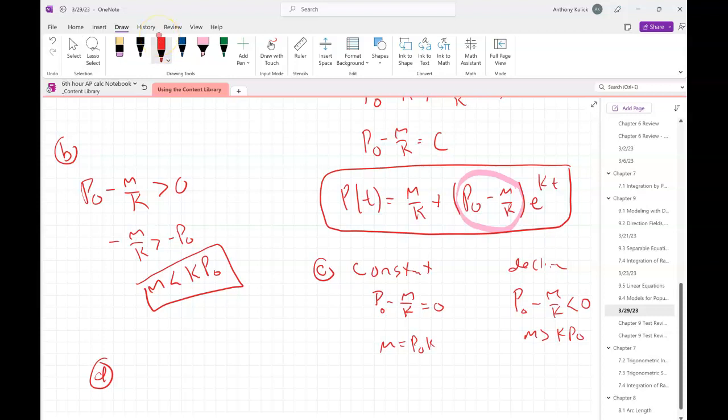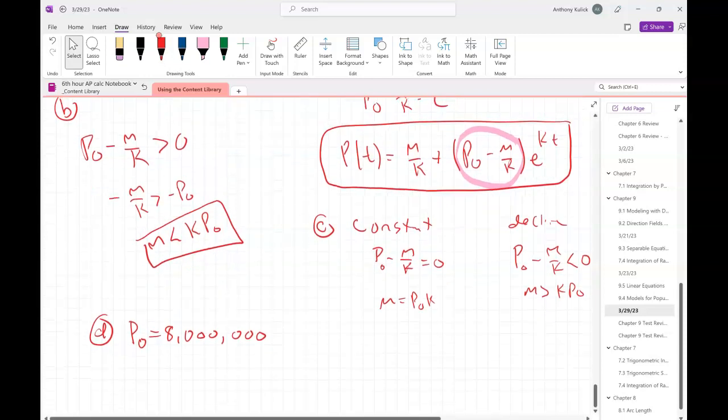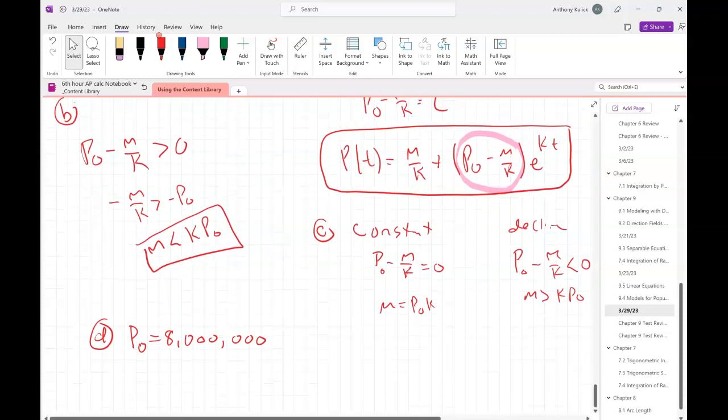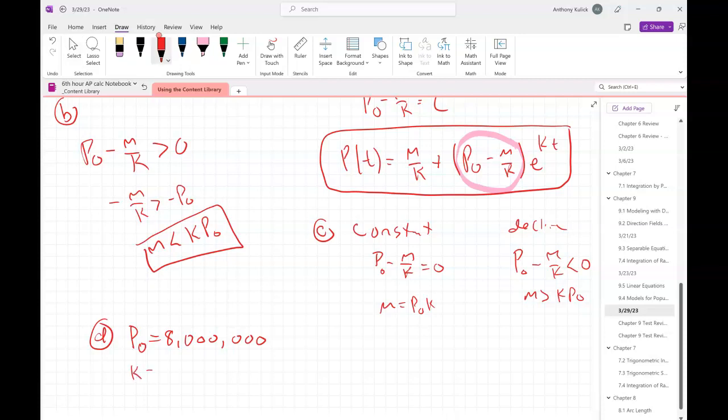So what are we going to do with this? When I read this, it just sounds like I'm going to be plugging in some numbers into what I got. My initial population was 8 million. My K is the difference between alpha and beta, which we're told was 1.6%.